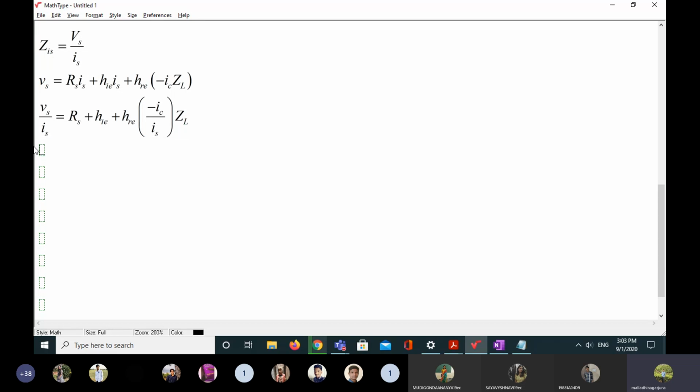So finally I can write ZIS equal to RS plus HIE plus AS into ZL. This is how we need to calculate the input impedance.